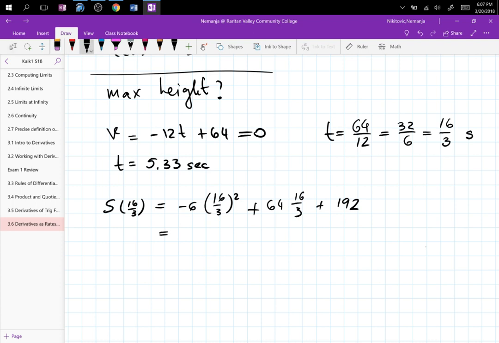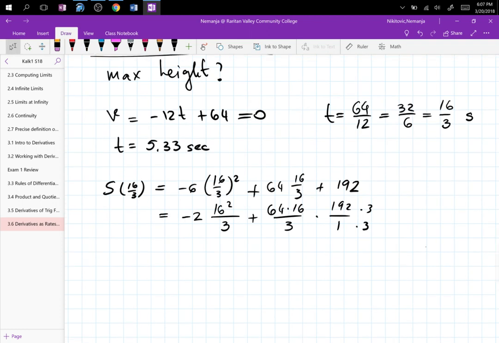So one of the 3's will cancel with the 6, so I'll have negative 2 times 16 squared over 3 plus 64 times 16 over 3 plus 192, over 1. So times 3 for common denominator. All right, what do I have?